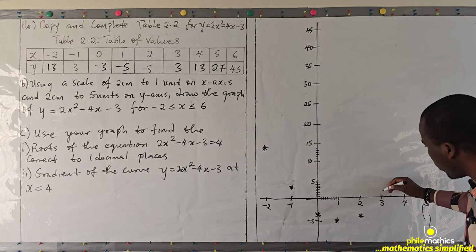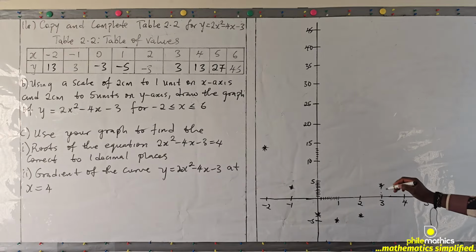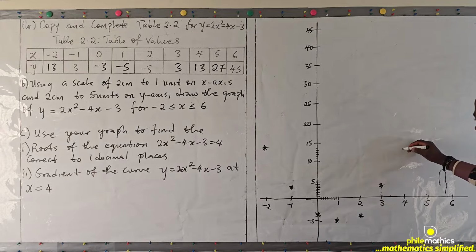So each box is 0.5. 1, 2, 3. For 4, we have 13. For 4, we have already gotten it before. We have 13.